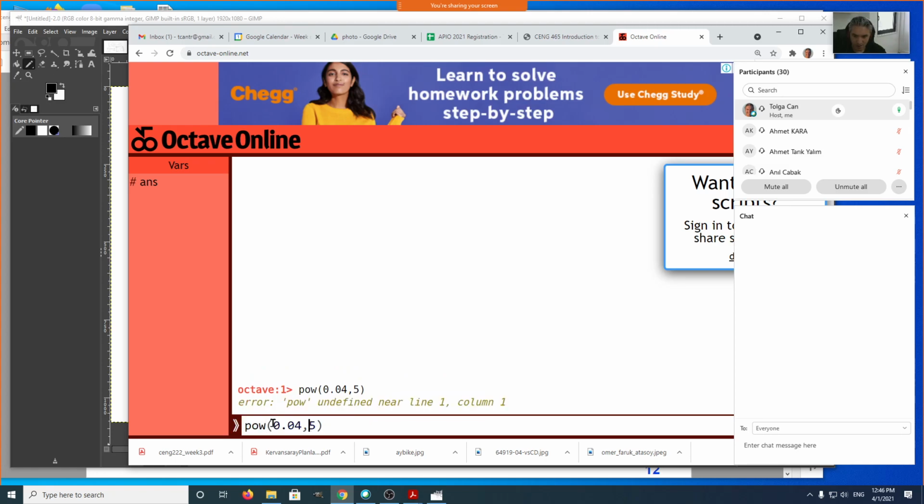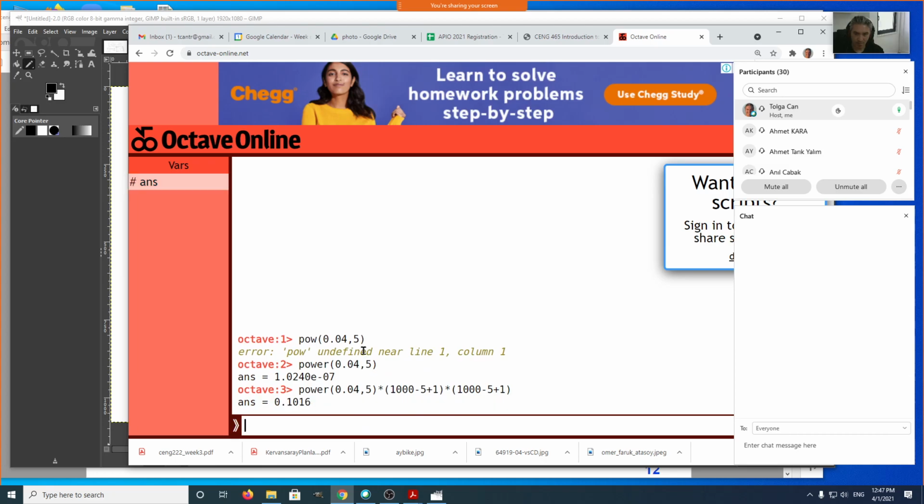The power function, I think this is the correct number, 10 to the minus 7. So if you multiply this, let's do the exact computation, with 1000 minus 5 plus 1, squared, we get 0.1. So the expected number of matching runs of length 5 between these two proteins is 0.1.